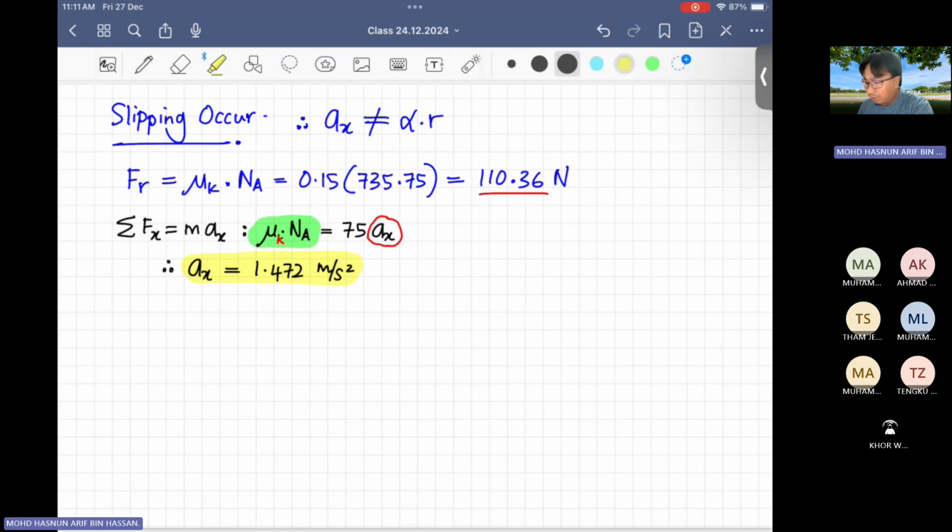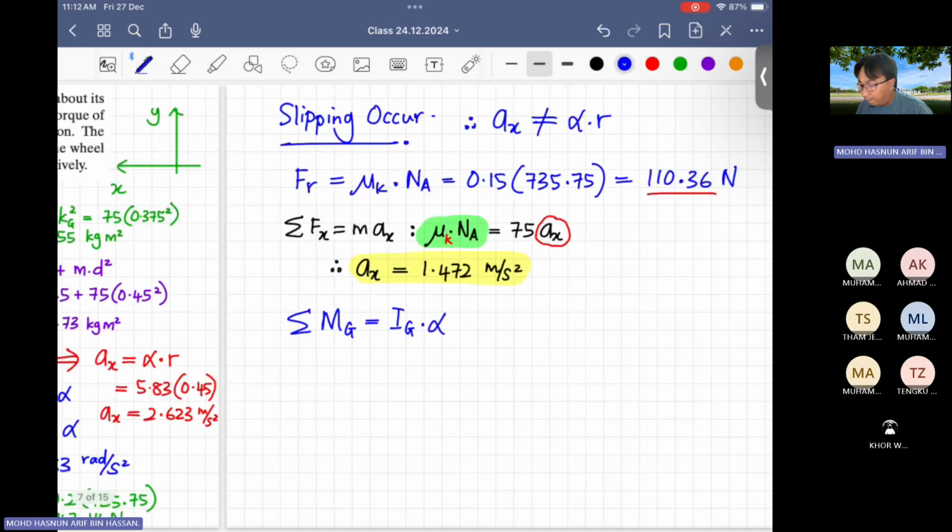But we still need to calculate the value of alpha, because the equation requires us to calculate the value of alpha. So now let's do moment about G is equal to IG times alpha, so that we can get the value of alpha.